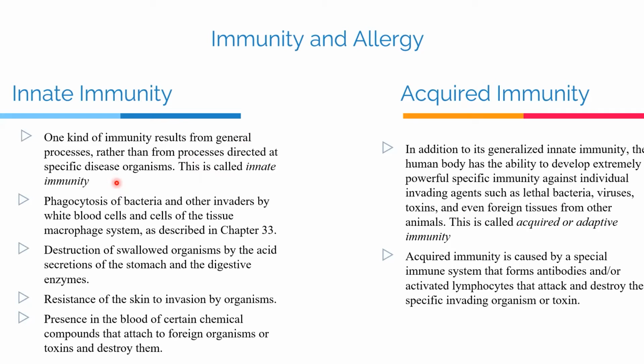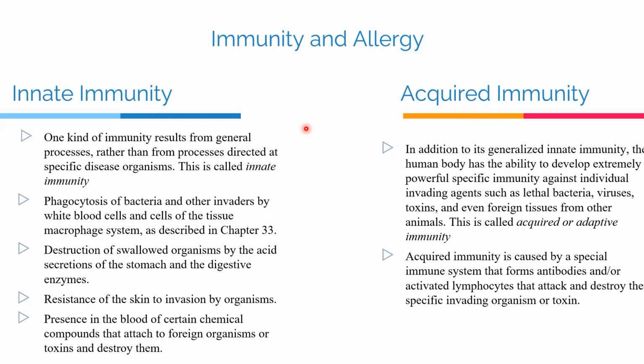Phagocytosis of bacteria by white blood cells, and everything before that we have already discussed, fall into this category. Destruction of swallowed organisms by the acid secretions in the stomach and digestive enzymes also falls into this category.